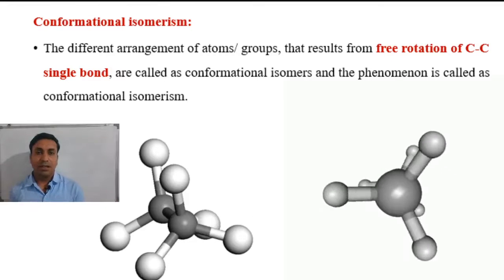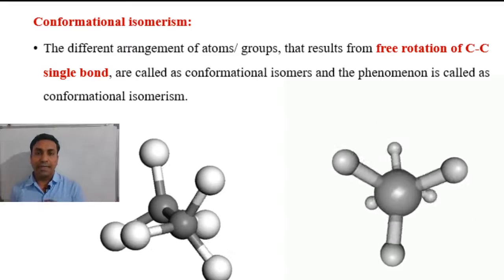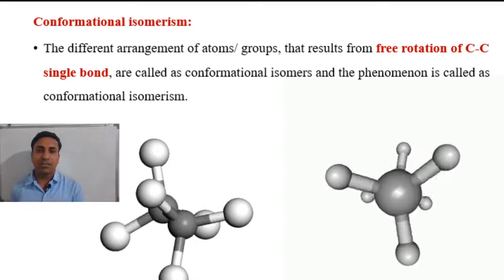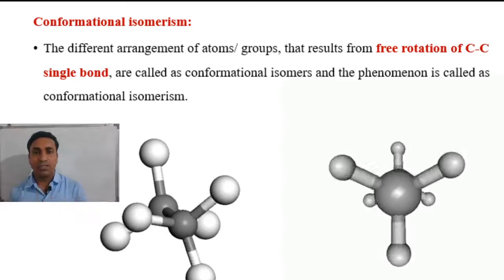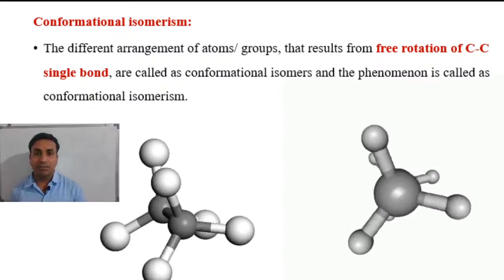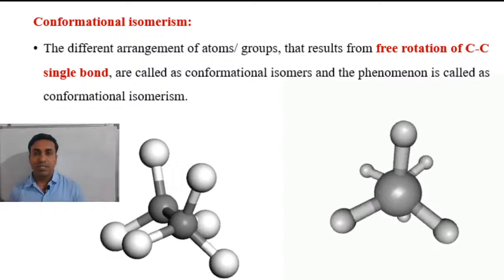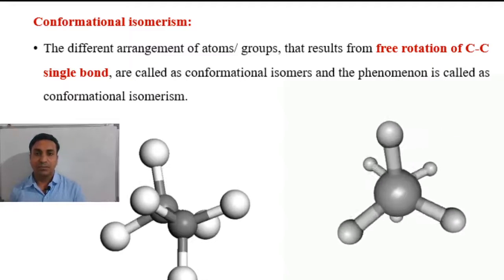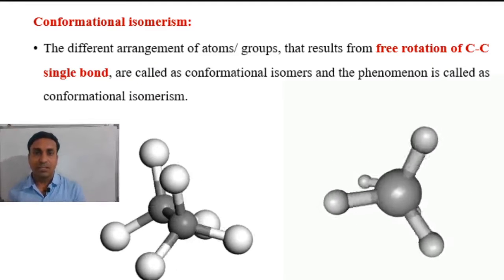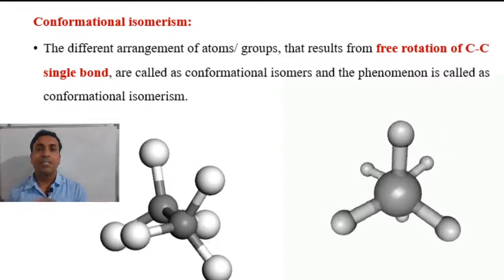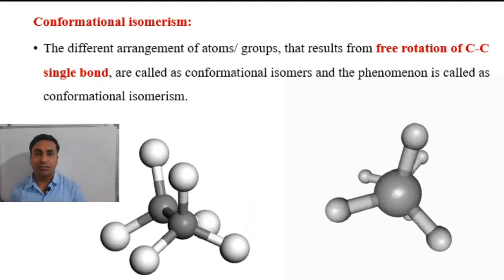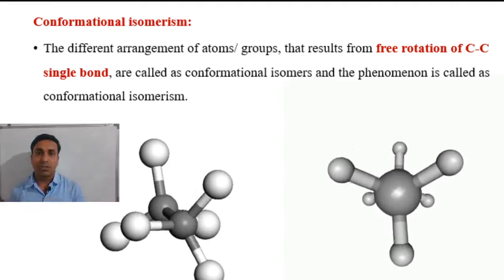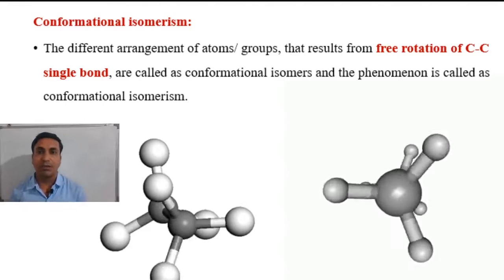We can observe that as the bond is being rotated, the groups on the front carbon and the back carbon are changing their position. At some instances, they are eclipsing with each other, overlapping with each other. So such a conformation is called eclipsed conformation.